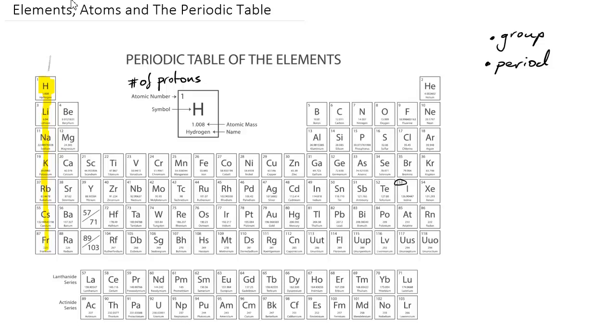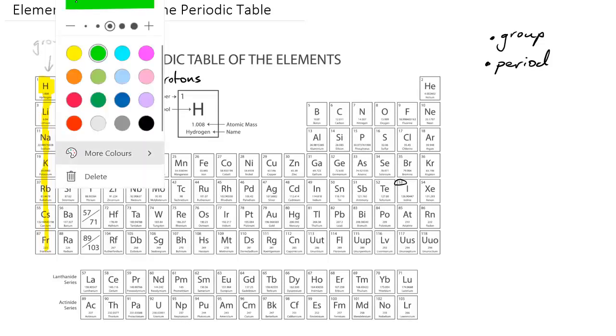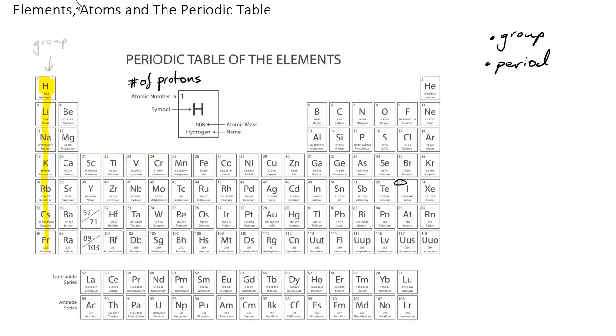So one of the features about a group is that all the elements down a group have similar properties. And we'll discuss what this means in a moment. I don't want to really overwhelm you. As we go across, say, doesn't matter which line we take, that's known as the period.